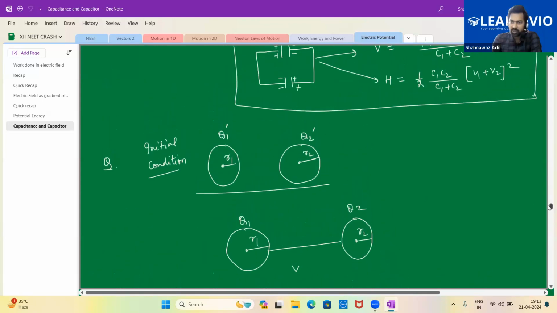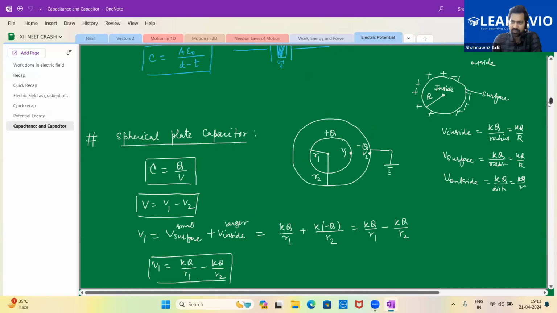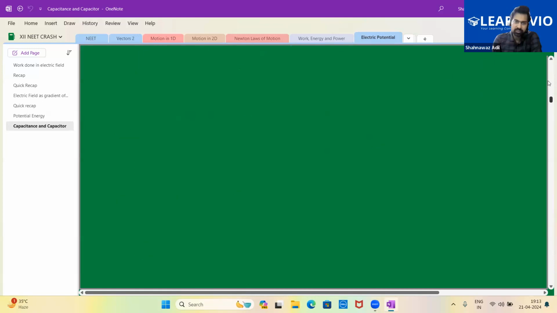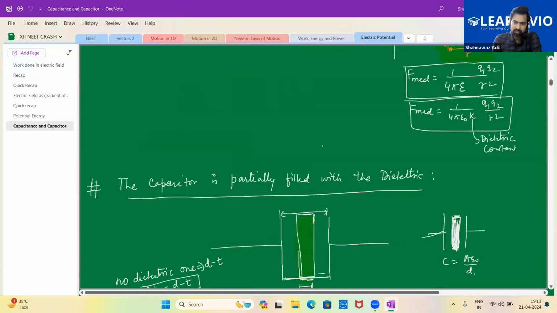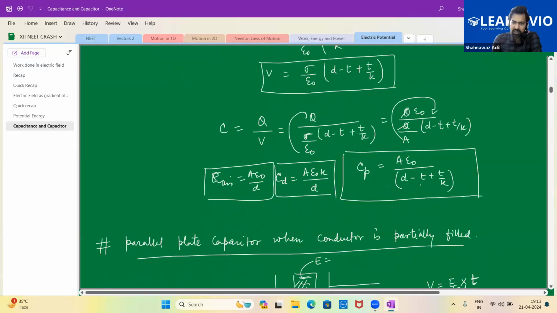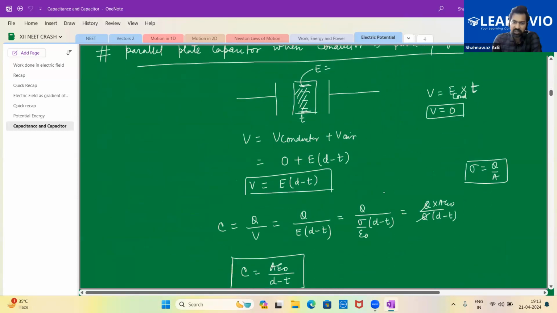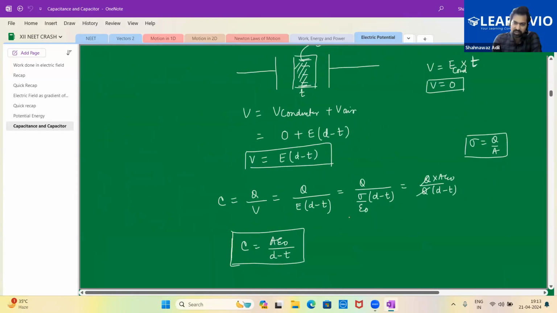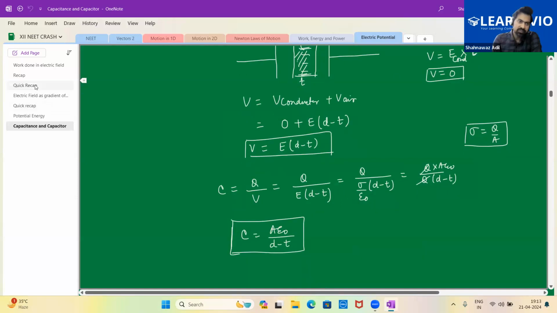And we will do all these questions, right? Okay, so this is D minus T plus T by K, and then this is D minus T. So yeah.